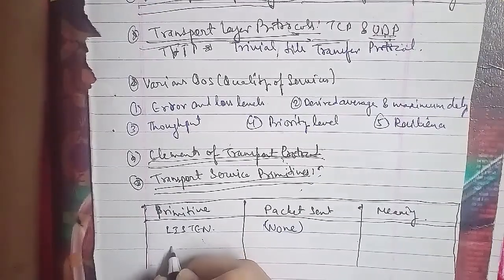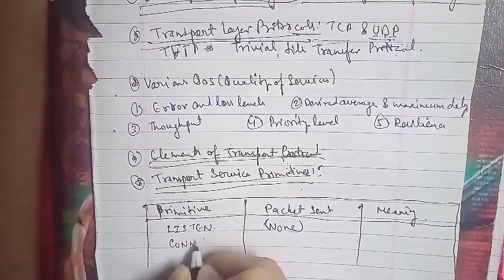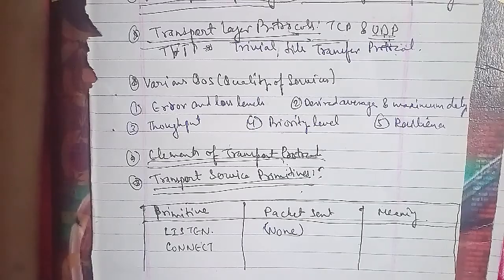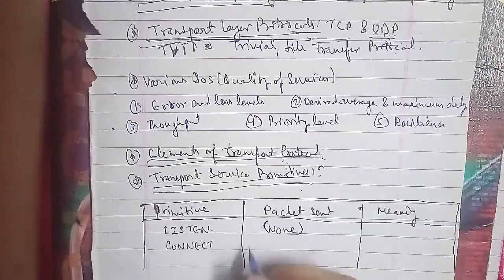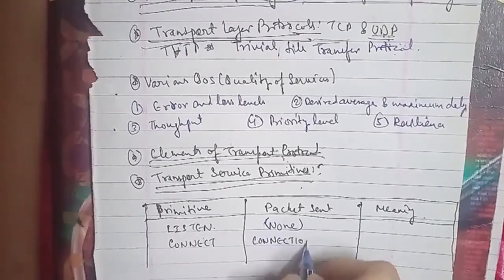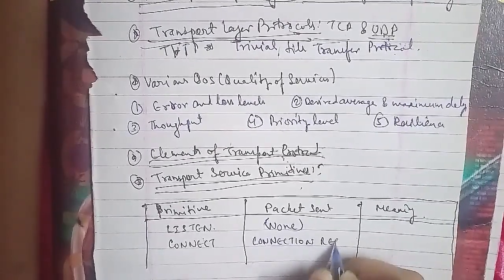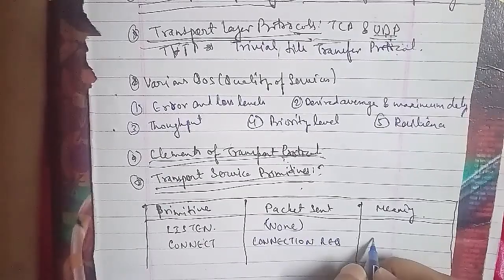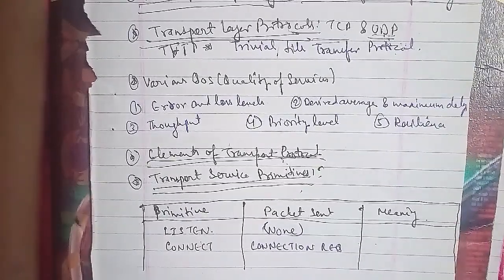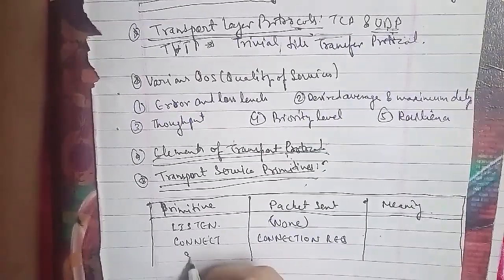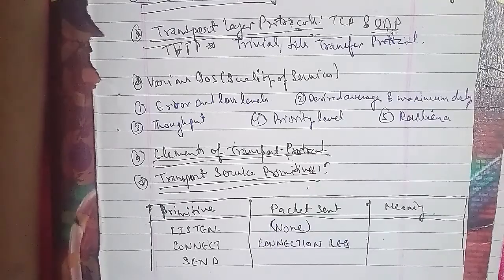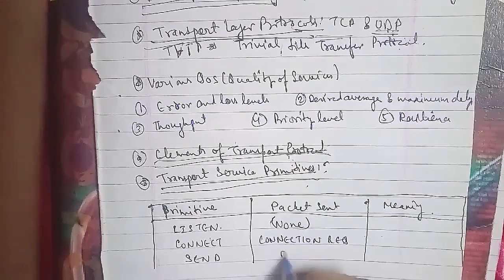The other one we have, the last as well, is disconnect. The packet sent is disconnect REQ. In this, the side wants to release the connection here. So this is a sort of table that you have to make.